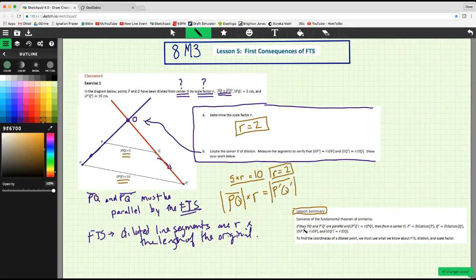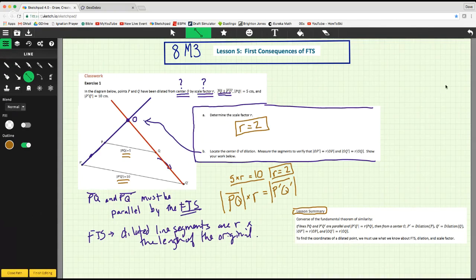It basically tells you that if you have two parallel lines like this one, PQ and P prime Q prime, and we can draw two more parallel lines right here just for fun.